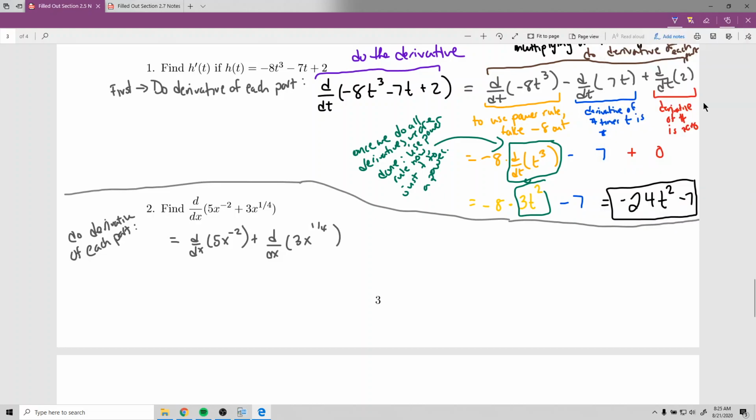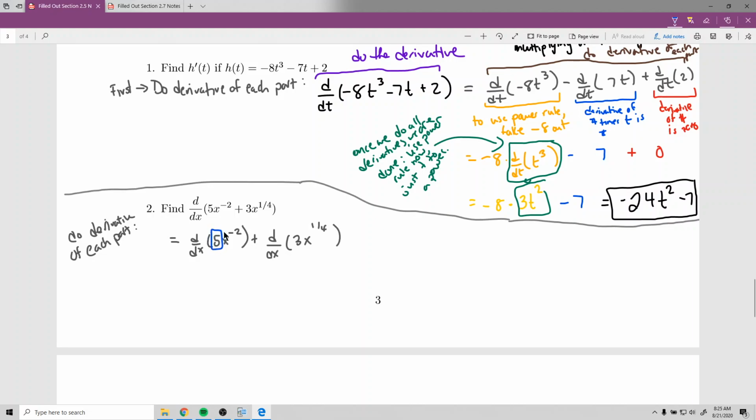Right, now, based on what we saw last time, we don't have any of the special rules here because these both have powers on them that aren't 1 or 0. And what did we do last time? Well, look back here to the -8t cubed. Right, what did we do? In order to use the power rule, we had to take that -8 out. So now we're going to do the same thing here.